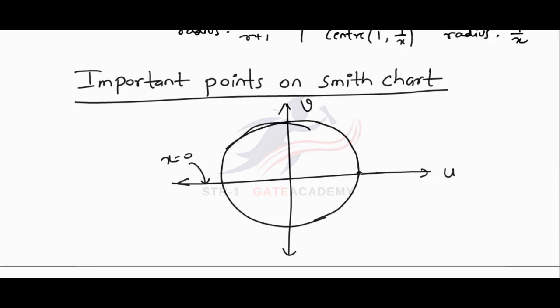This is the intersection of r equal to infinity and x equal to infinity. We have already seen this is the 1 comma 0 point. So here they converge. Then this point is r equal to 0 as well as x equal to 0.